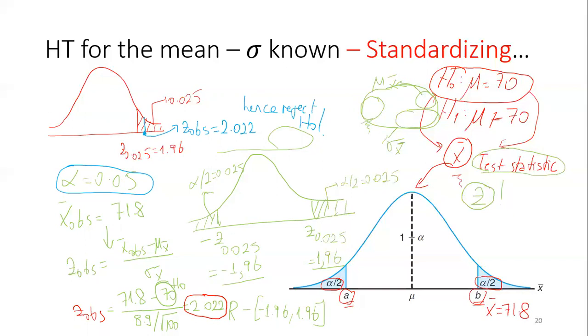If you reject using X bar, then you will reject using Z as well, because they give exactly the same answer. No matter whether you use X bar or Z, you will have the same answer.